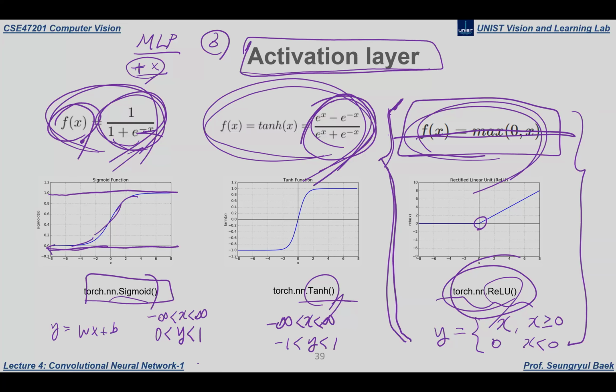But why? I mean, first, is this differentiable? Please raise your hand if you think this is differentiable. If you think it's differentiable, raise your hand. Why? Because the slope is 1? But the derivative of x is not defined at 0.